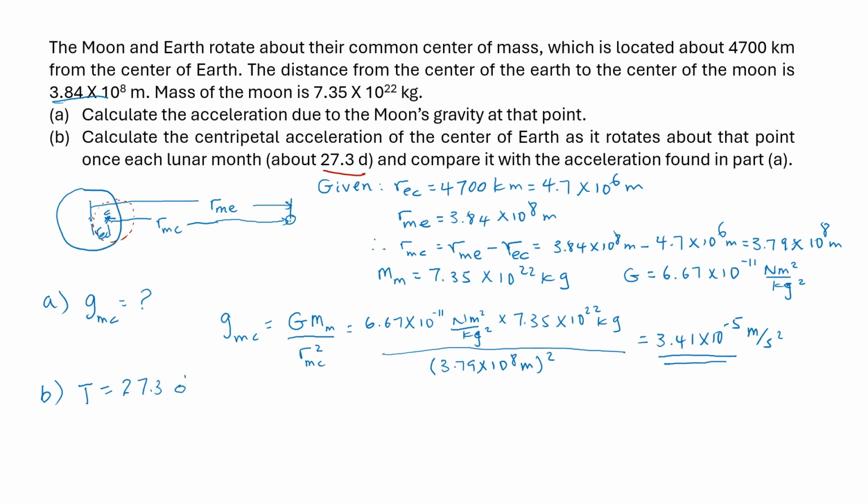And we need this time, or period, in seconds. To do that, we multiply by 24 hours per 1 day, and we need to get rid of the hours, so we multiply by 3,600 seconds per 1 hour.